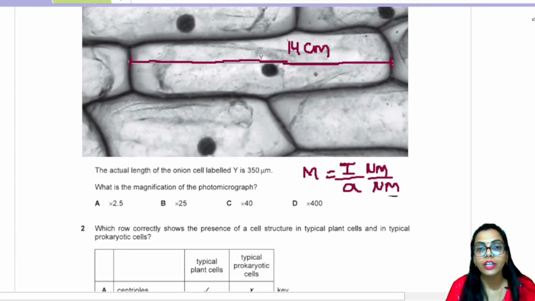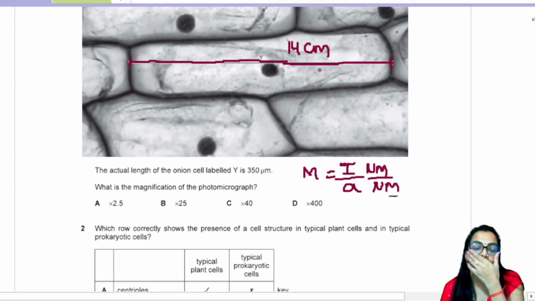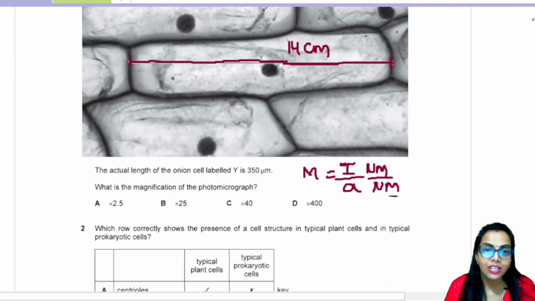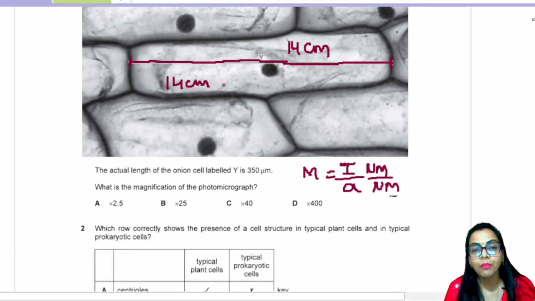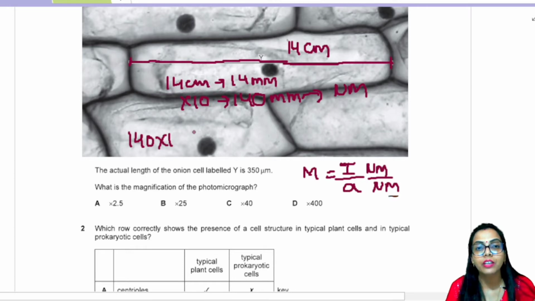So I have to convert 14 centimeter to micrometer. First convert centimeter to millimeter by multiplying by 10, so it will be 140 millimeter. Then convert to micrometer: 140 into 1000, because 1 millimeter is equal to 1000 micrometer.